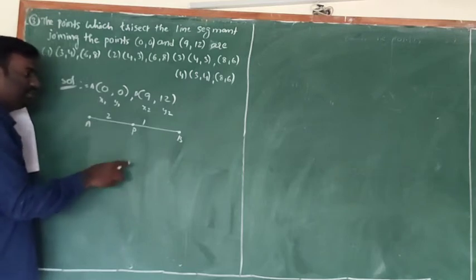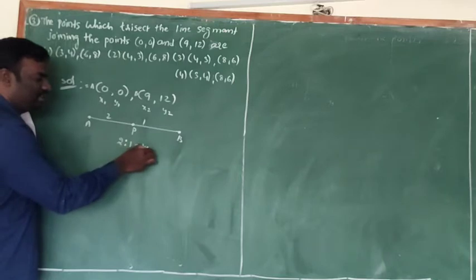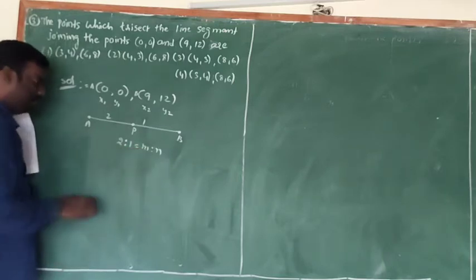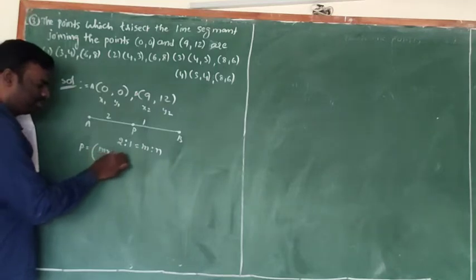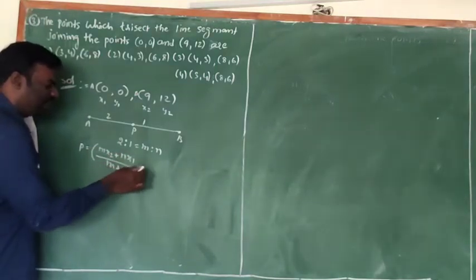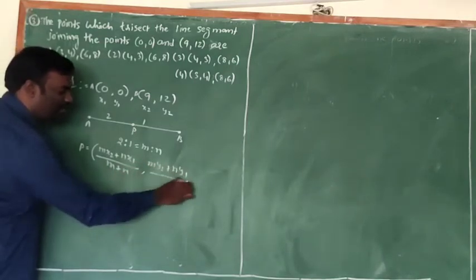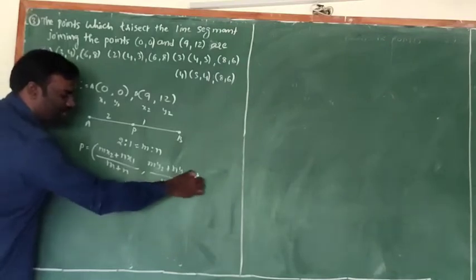First I am taking 2:1, which is m:n. Now P equals the formula mx2 plus nx1 by m plus n, my2 plus ny1 by m plus n. This is the section formula.